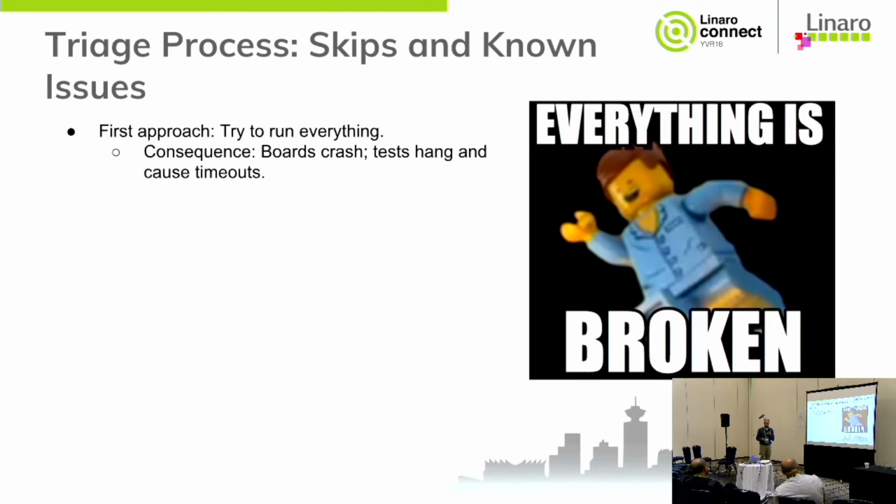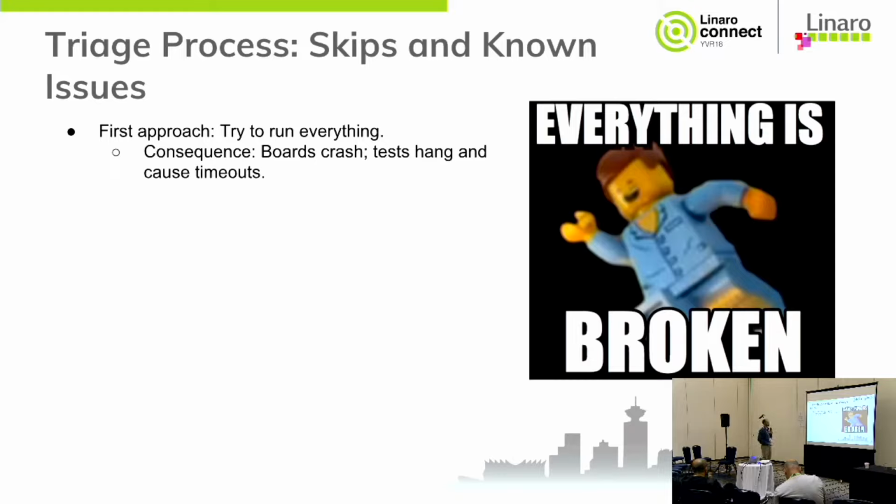I'm going to tell you a story about how we've done it. Originally, we set up all of our Lava jobs to do all the testing. But invariably the tests wouldn't finish and the jobs would time out, because some tests just cause the boards to hang because they weren't written for embedded devices. A lot of times the tests are written on a developer's desktop or laptop, and so they don't function in our environment.